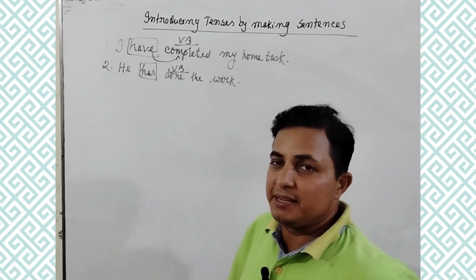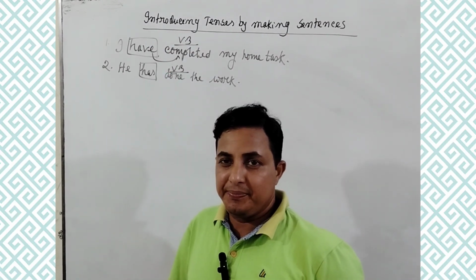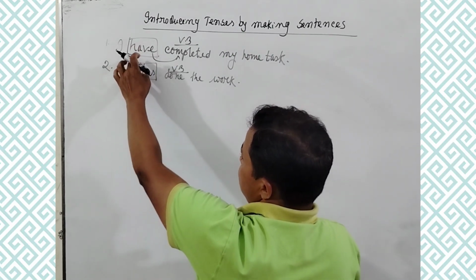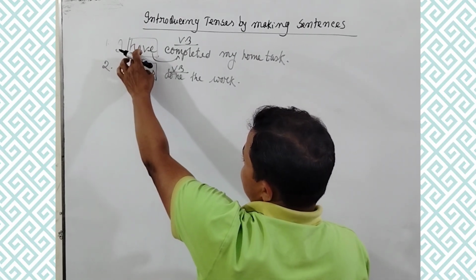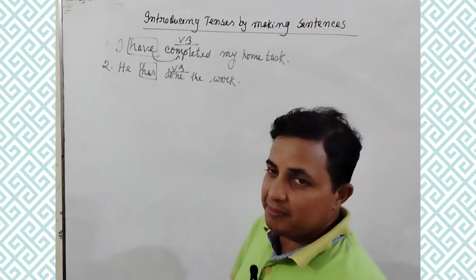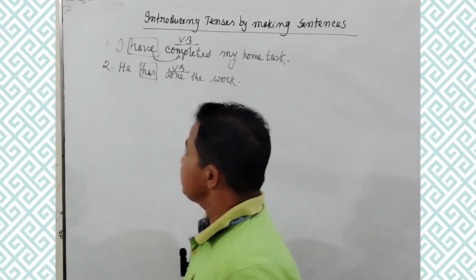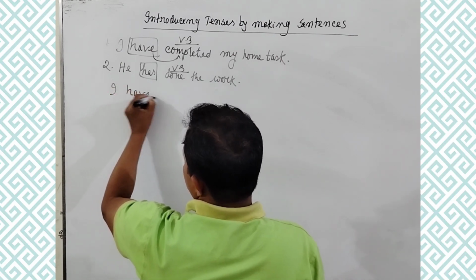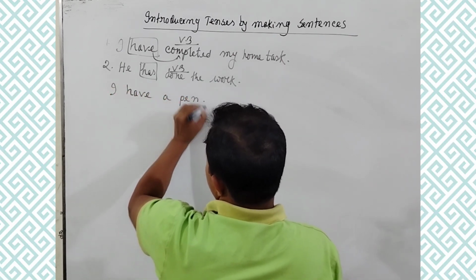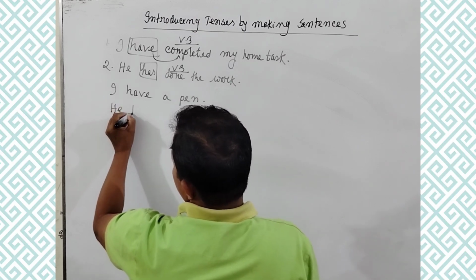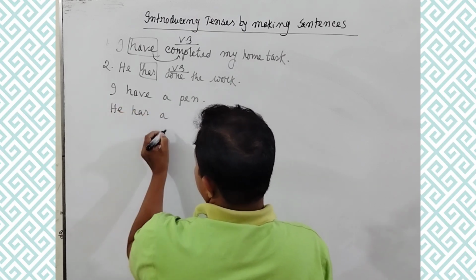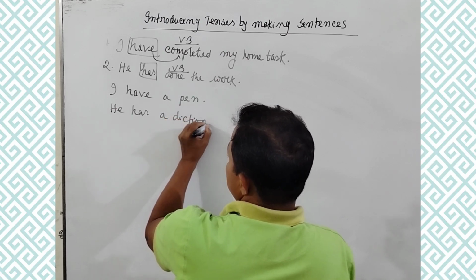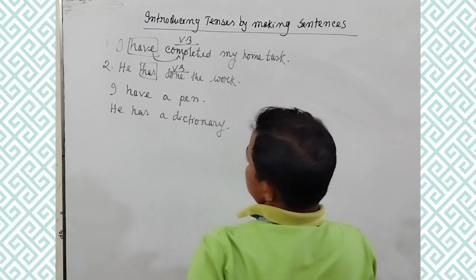And you have to know the auxiliary verbs have, has, and another form. If you see, that's when I have a pen, he has a dictionary.